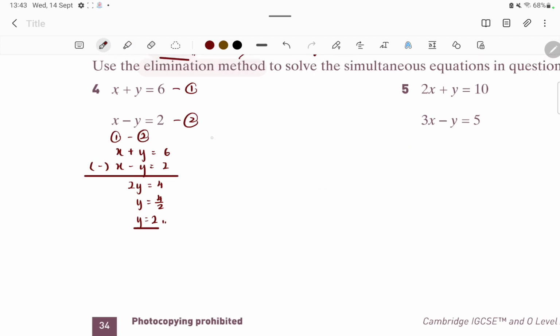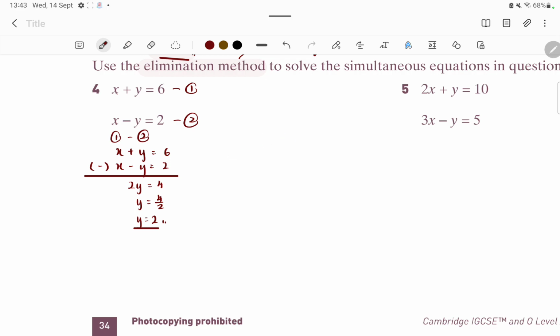Okay, and then after that, substitute y equals 2 into, it depends on you, whichever equation you want to use. Okay, it's like that.